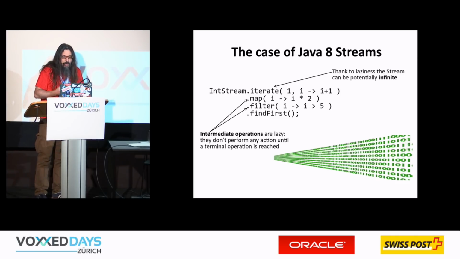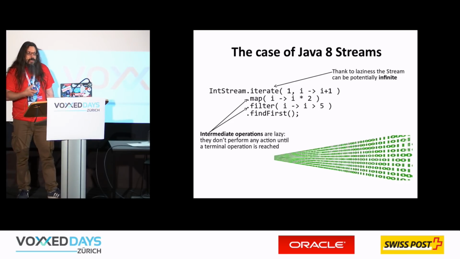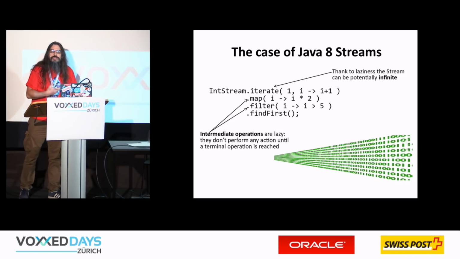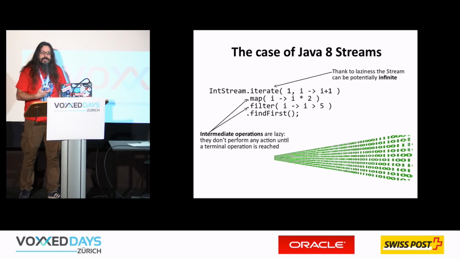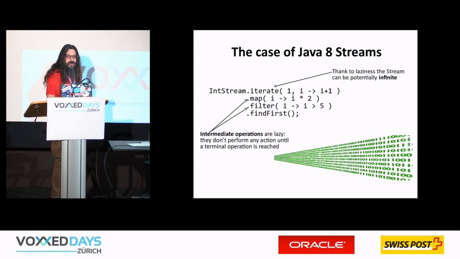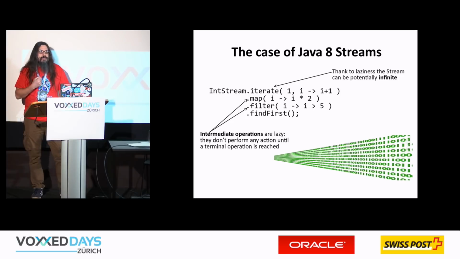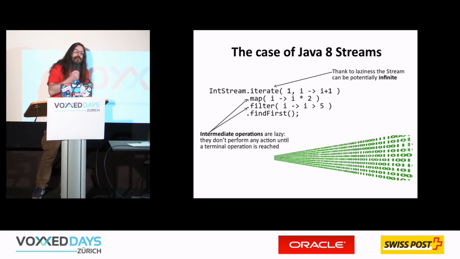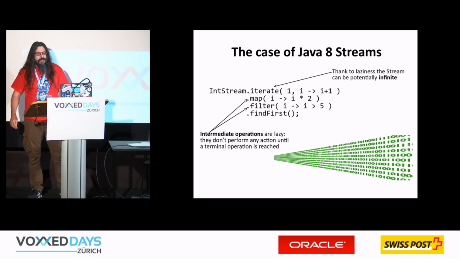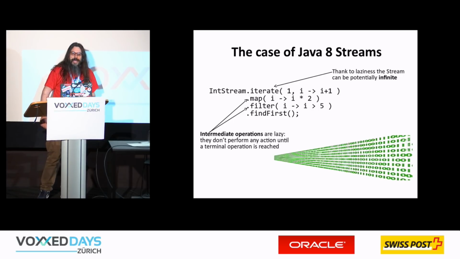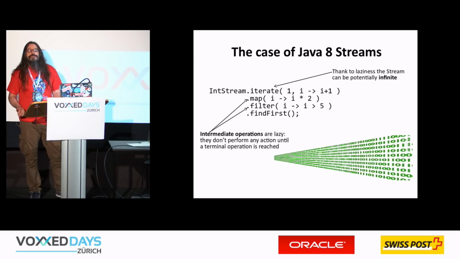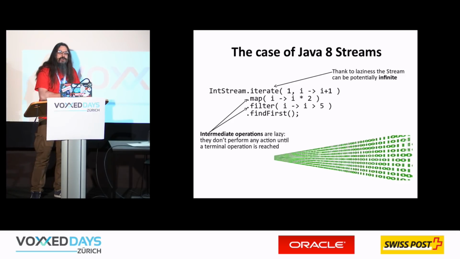And moreover, when you call this map and filter method, all the intermediate methods, these methods are acting like my daughter Sophia. Do the map, okay, I'm done. Do the filter, okay, I'm done. And in reality, it's not doing anything, because you are not asking for a result.